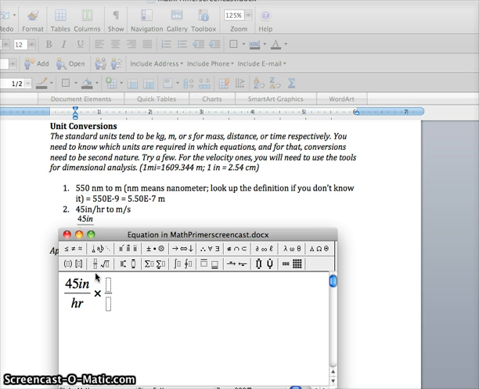So you get rid of the unit you want to get rid of, which in this case is 1 hour, and you move into the unit that you want to move into, which in this case is second, 3600 seconds. And then I've given you a conversion of inches to centimeters, so we can do that next.